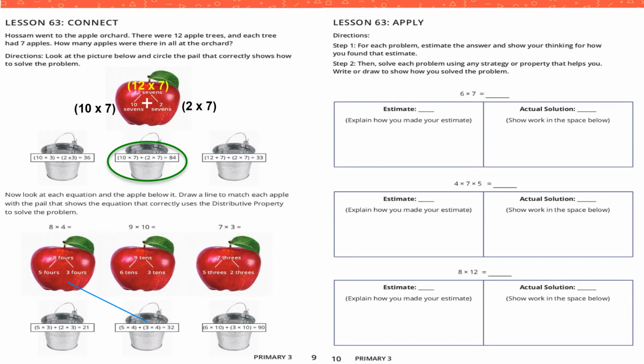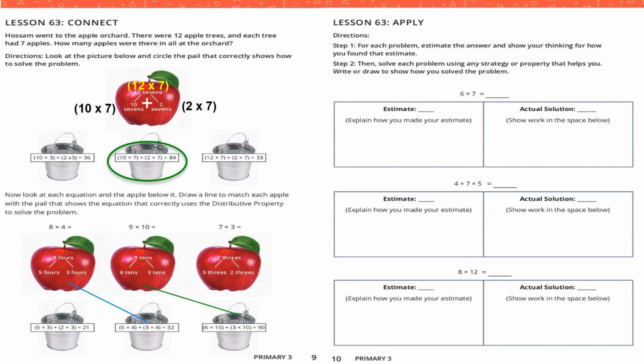It means 9 tens. He distributed these 9 tens into 6 tens plus 3 tens. So 6 tens means 6 times 10. 3 tens means 3 times 10. Which one is correct? 6 times 10 and 3 times 10.